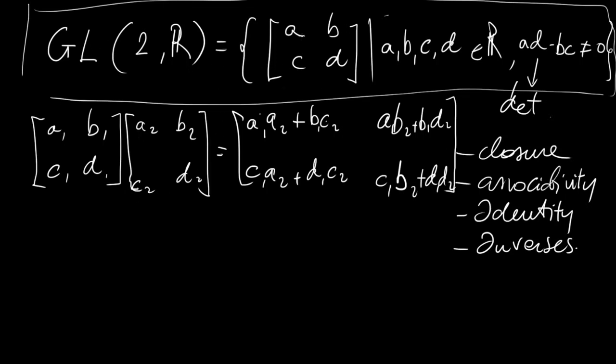If we multiply two matrices, we need the entries to be real numbers and the determinant to be not zero. Let me make a quick note. I didn't specify, and it was my fault, that this group implies matrix multiplication as the operation.